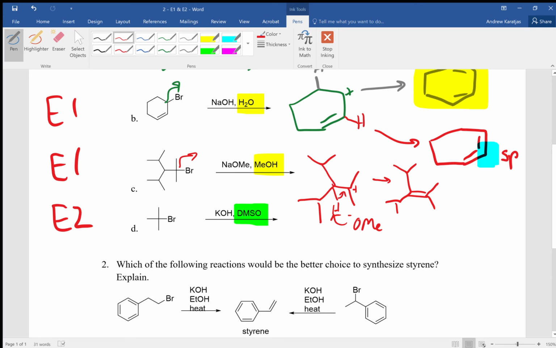And finally, part D is an E2 elimination because of the aprotic solvent. Yes, the leaving group is tertiary, but hopefully you recall at this point that we said that tertiary leaving groups are fine for E2 because the base is actually reacting not where the leaving group is, but on an adjacent carbon, and we get our elimination to take place.